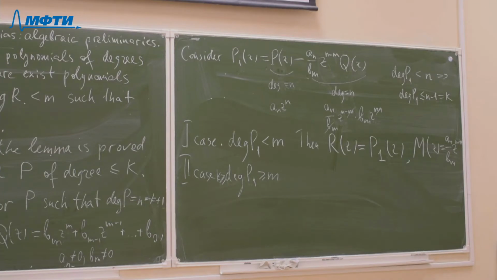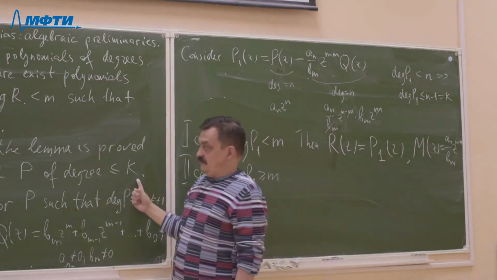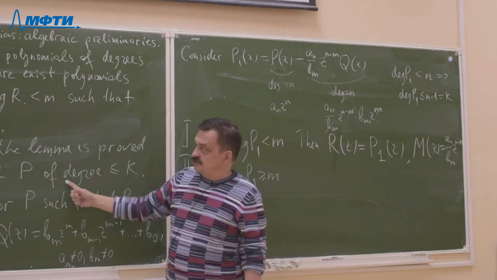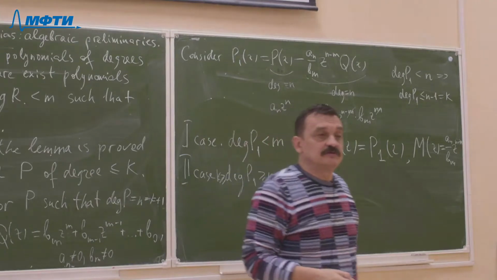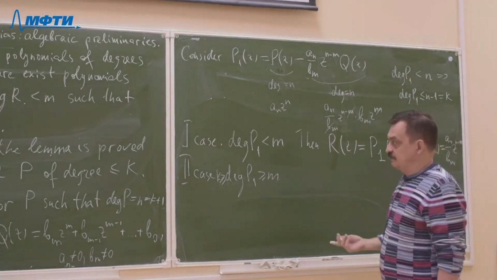So, we have a polynomial of degree less or equal than k. And by induction supposition, we suppose that our lemma is proved for arbitrary polynomial of degree less or equal than k.